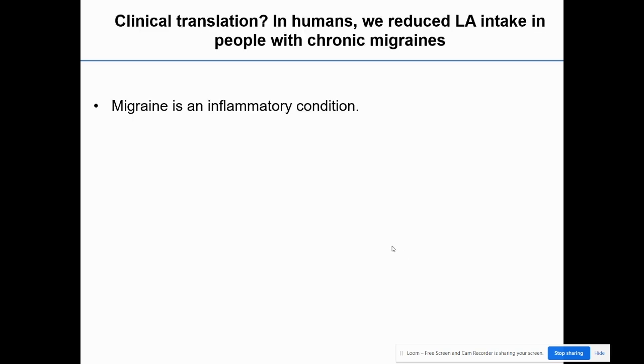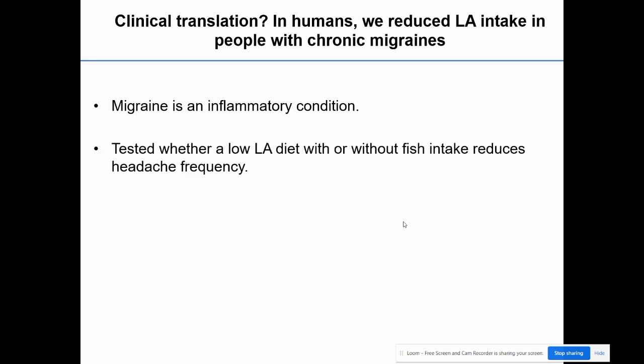We worked with Dr. Chris Ramsden at the NIH to, of course, try to move these findings clinically to establish some clinical relevance. So in humans, we reduced LA intake in people with chronic migraines. So migraine is an inflammatory condition, as you know.